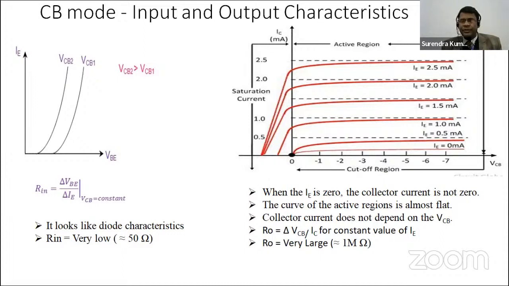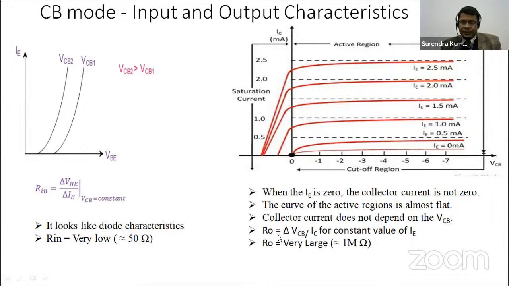A current source always provides constant current, whether there is a change in voltage. So if we replace every current source with its internal resistance, it is a very high internal resistance. So the value of output resistance will be very high.